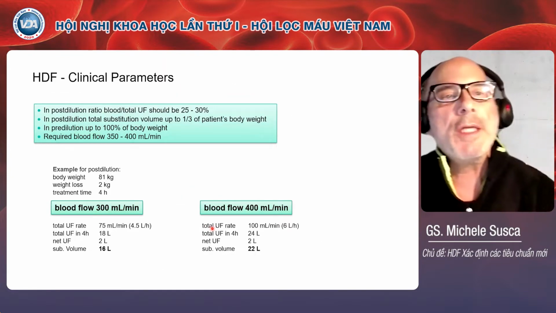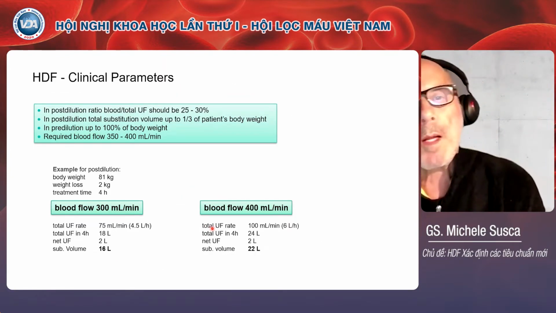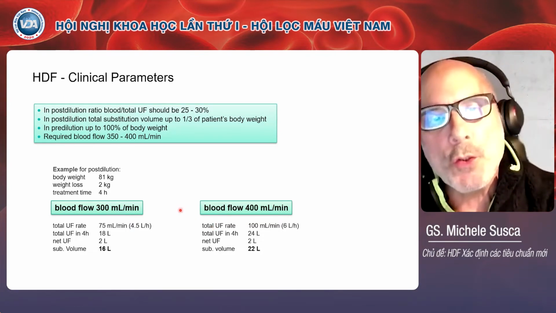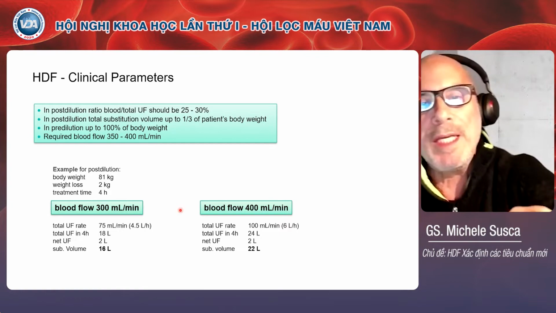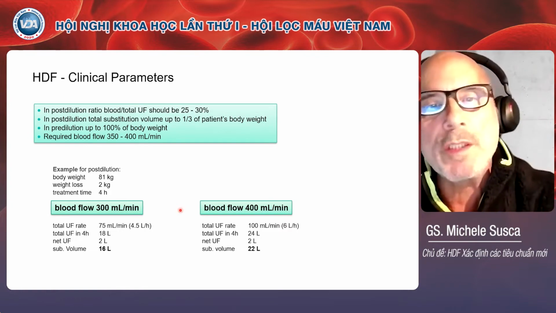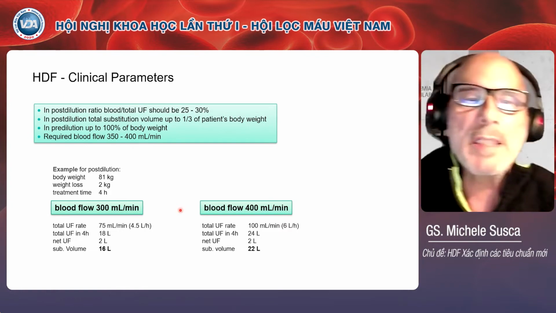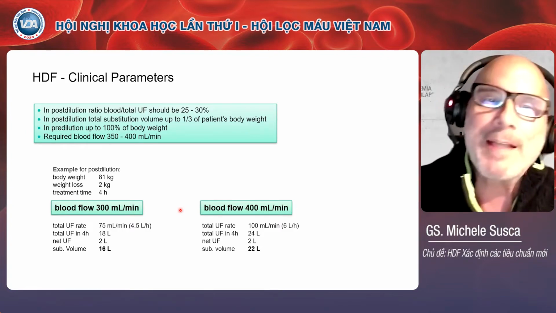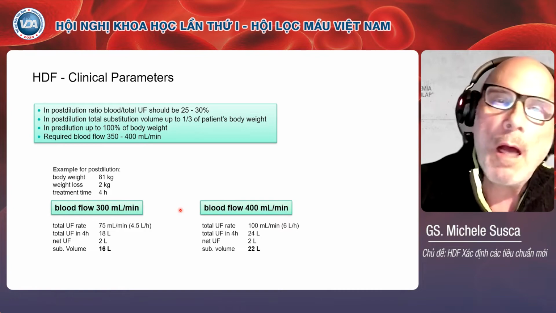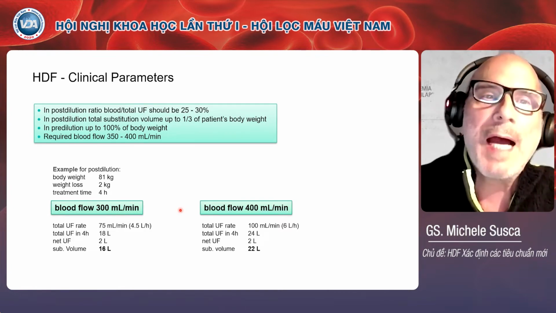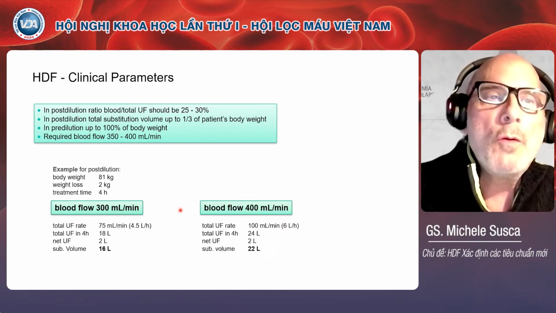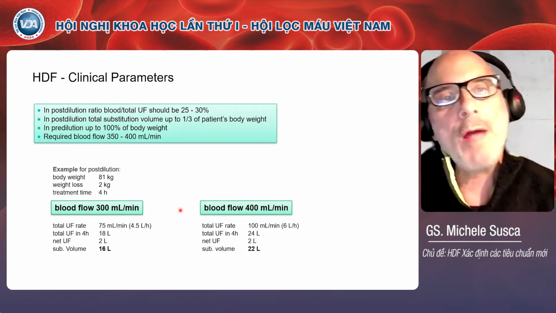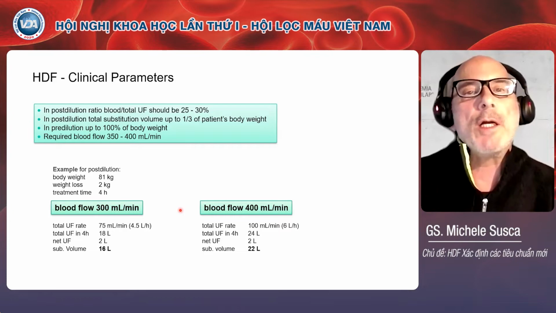Okay, let's continue here. Clinical parameters. Usually we do this treatment, we give the substitution in post-dilution because post-dilution is more effective. Pre-dilution is less effective because of the dilution effect before the dialyzer. When we do post-dilution, we have to take care of one physical aspect.